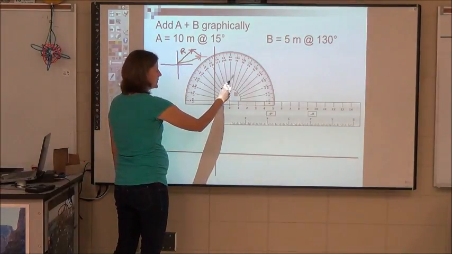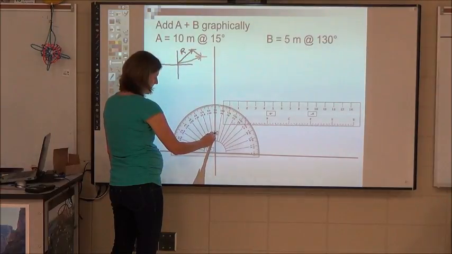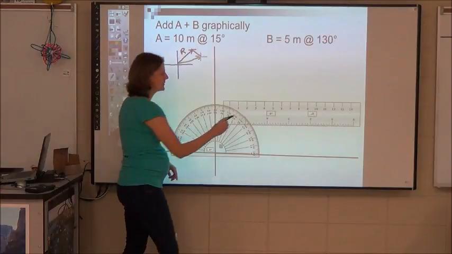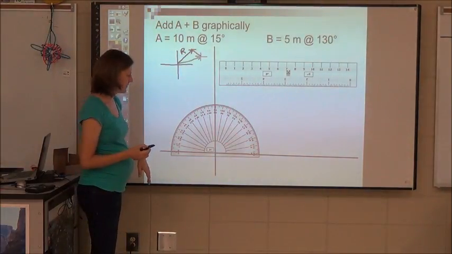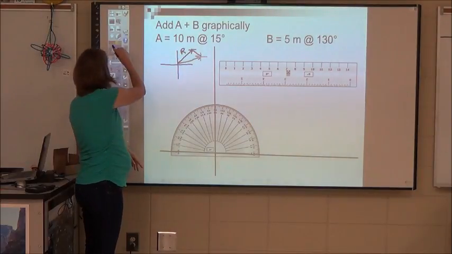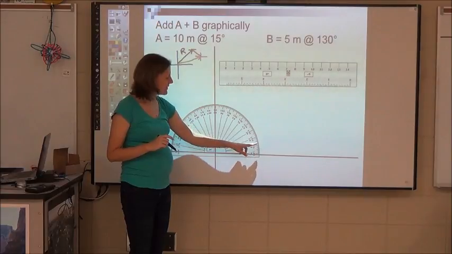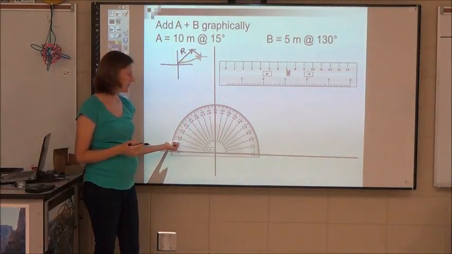So, start though by marking off your angle. I want to measure this vector at 15 degrees. So I need to mark off where 15 degrees is. And you have 15 degrees labeled twice on your protractor.